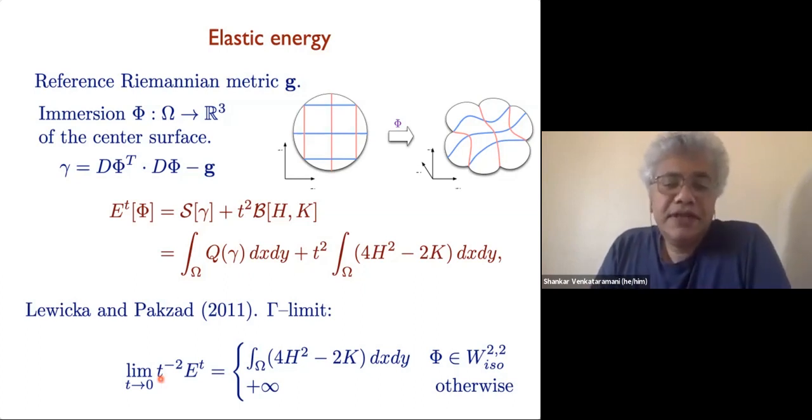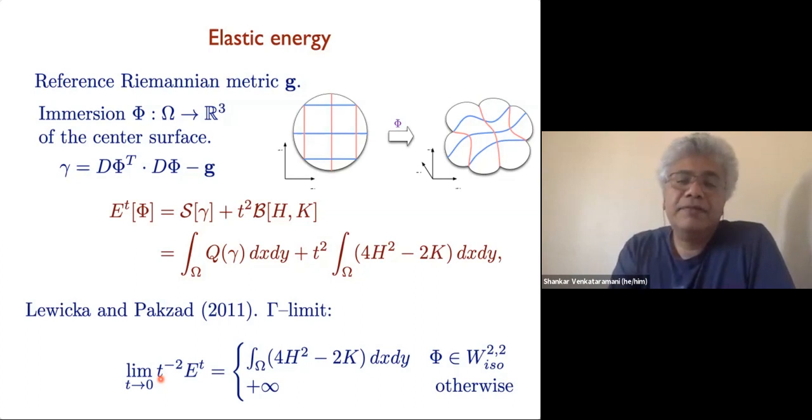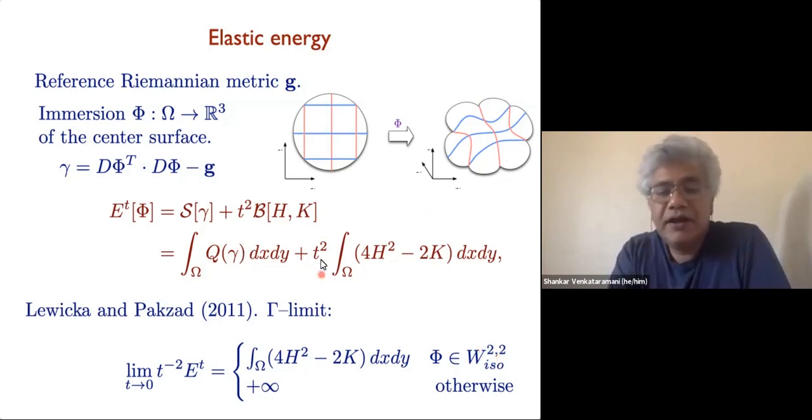And so the gamma limit statement is that if the limit mapping phi is a W^{2,2} isometry, then this term is exactly 0, and you get just the integral of the bending energy. Or if there are no such W^{2,2} isometries, then the infimum on this scale is infinity.